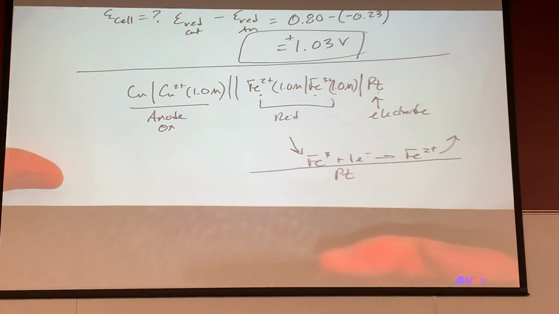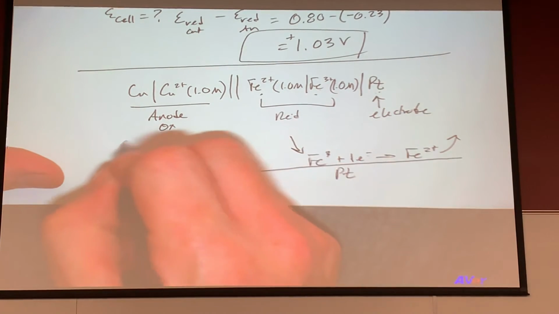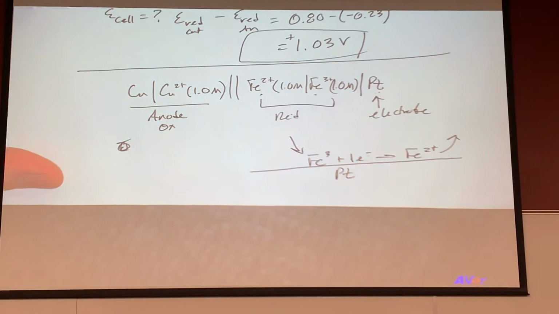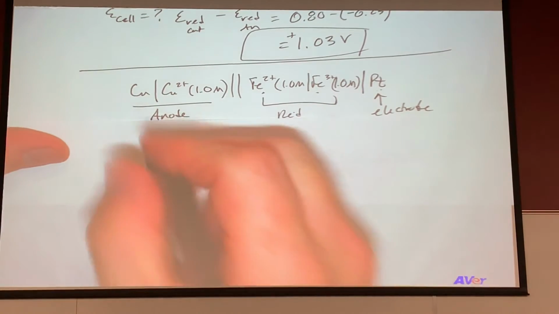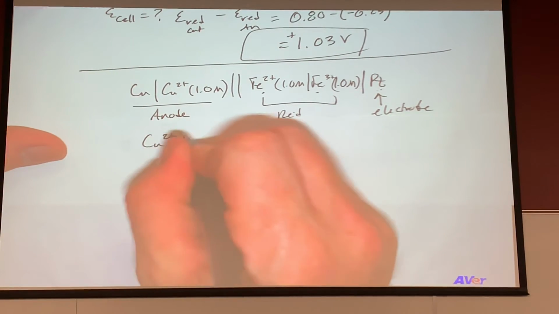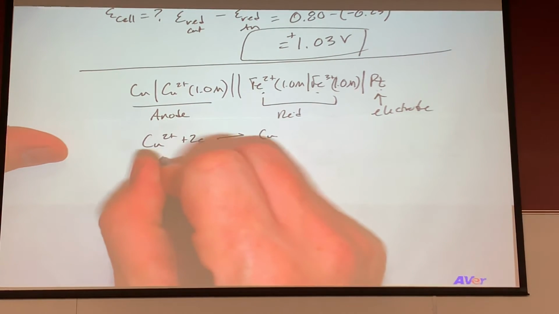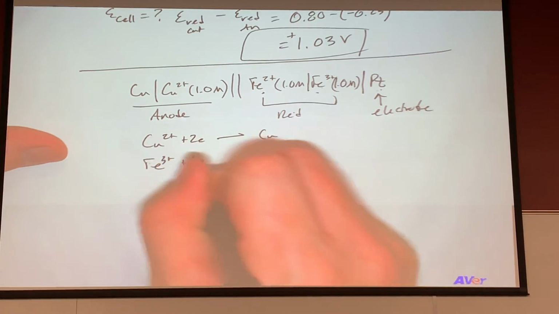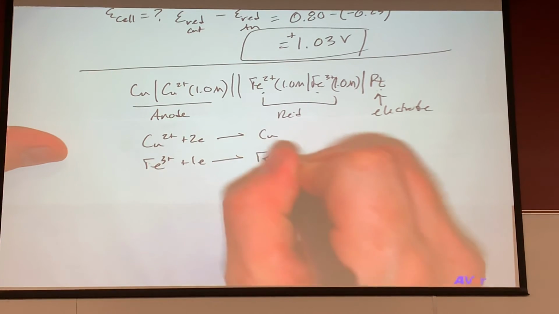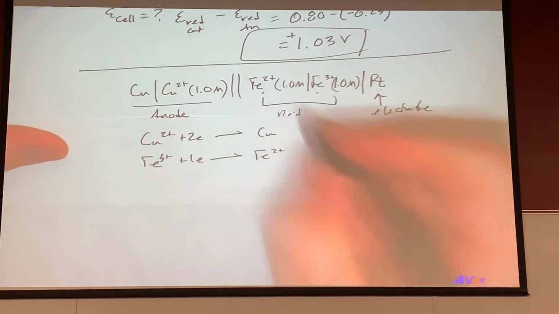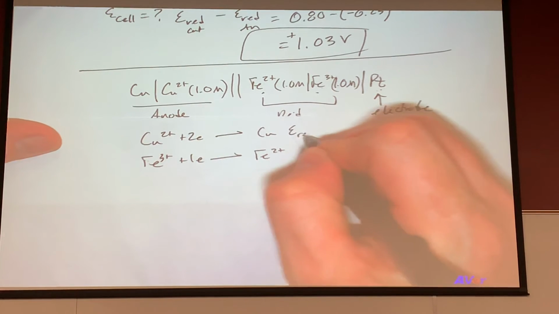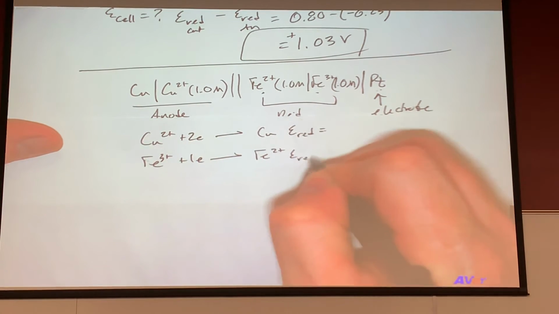And so then in that case, would the cell potential have its own equation just for the iron? Yeah, you look at it as copper. So on the chart, you would be able to find, or you'd be given, the reduction potential for that one and the reduction potential for that one.